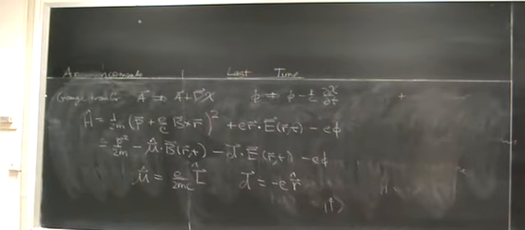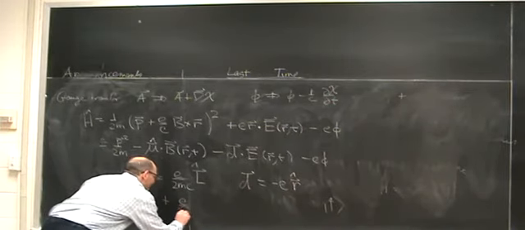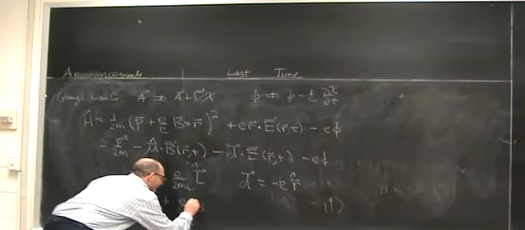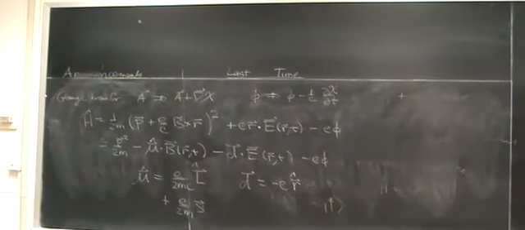Of course, if this is an electron, we should really add in spin as well. That's the Pauli interaction we discussed, and we really should put that in as well.